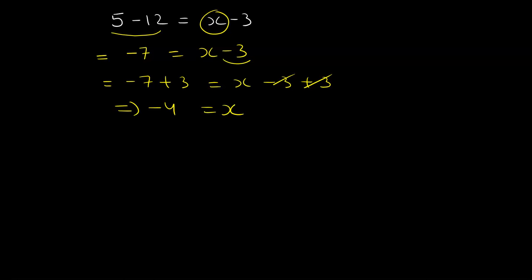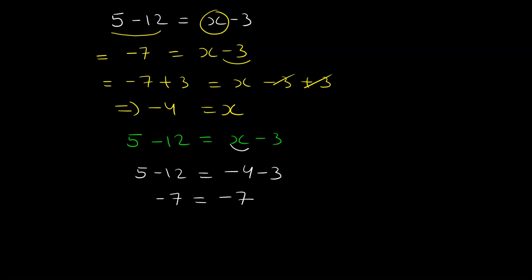To make sure that negative 4 is the correct value, we will input negative 4 in the original equation. This is the original equation. Now we will input negative 4 in the place of x. We will substitute it, right? 5 minus 12 is equal to negative 4 minus 3. 5 minus 12, we get minus 7. This is minus 7, right? So it proves the left hand side is equal to the right hand side.